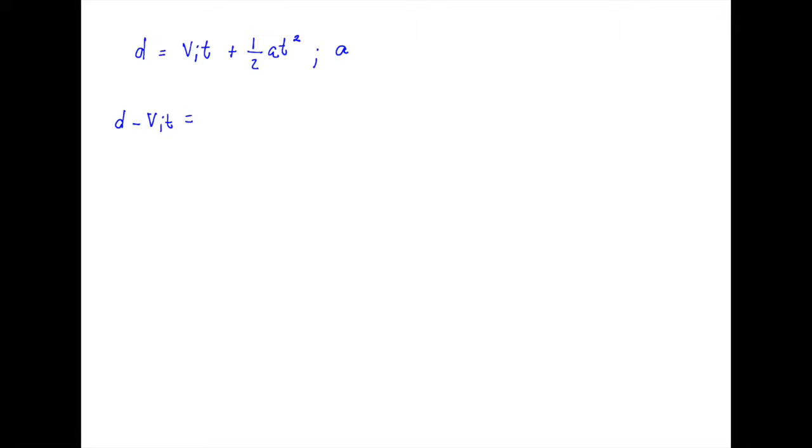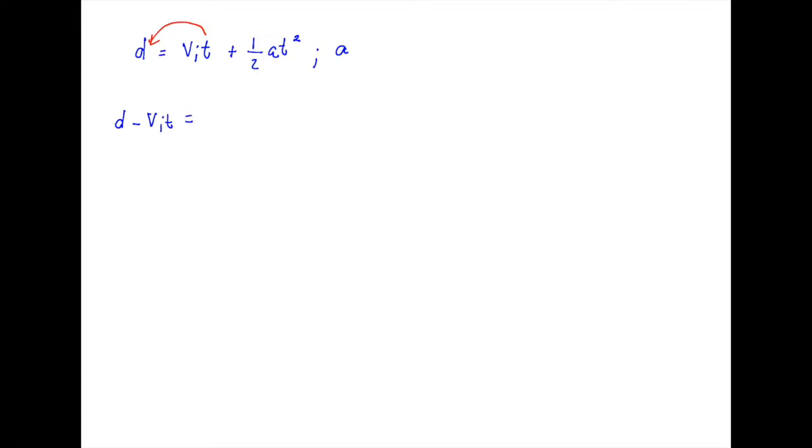That's actually the addition property of equality, but for a much easier solution, I could simply transfer it here. So that would become D minus VIT equals 1/2 AT squared. Take note that the sign changes: from positive on this side, it becomes negative on this side.